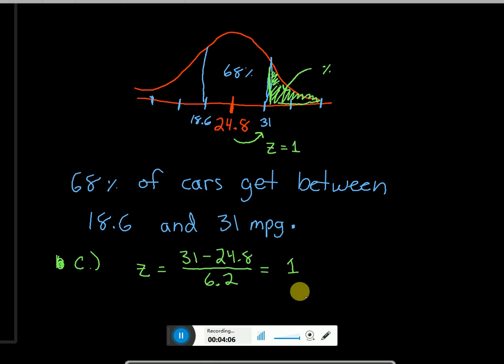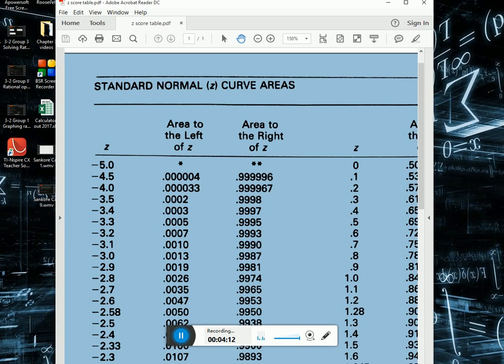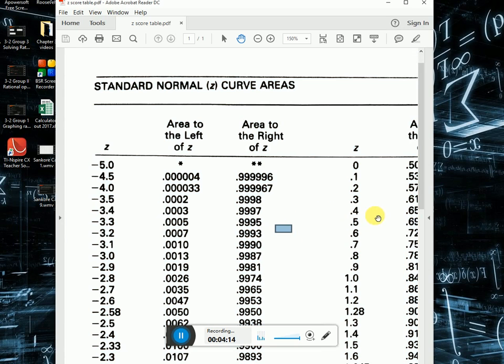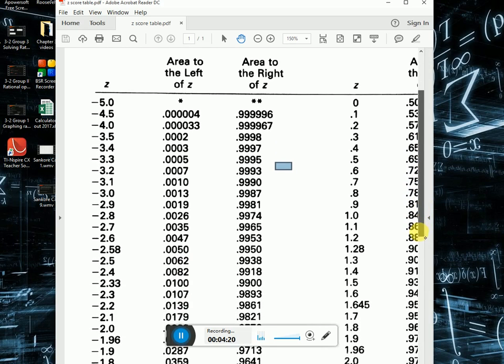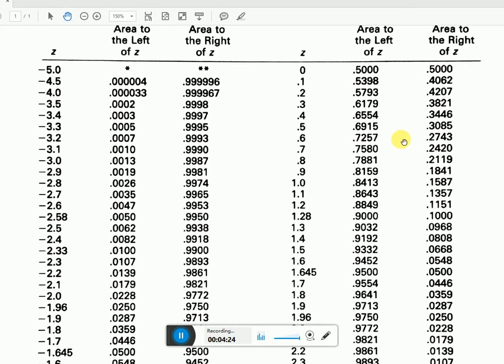So now that we know it's +1, we can go to our z-score chart and take a look at where +1 is on our z-score chart. So go down here, there is +1. For some reason I'm not being able to grab a hold of it here. So +1 is right here.